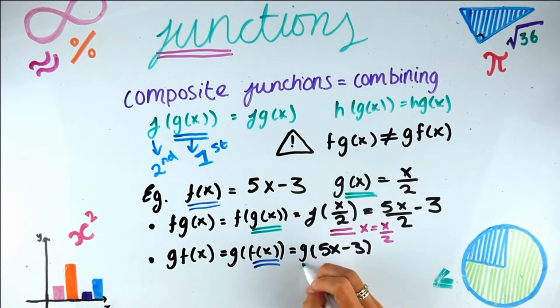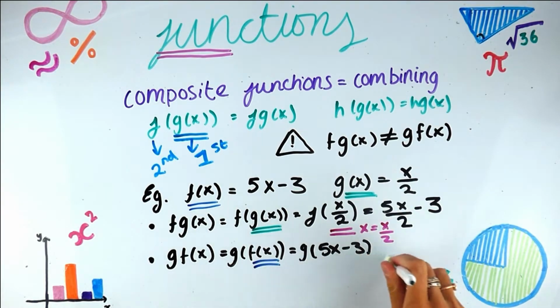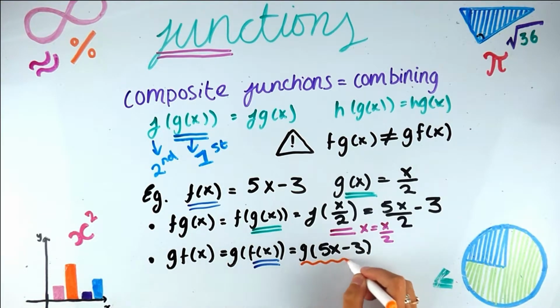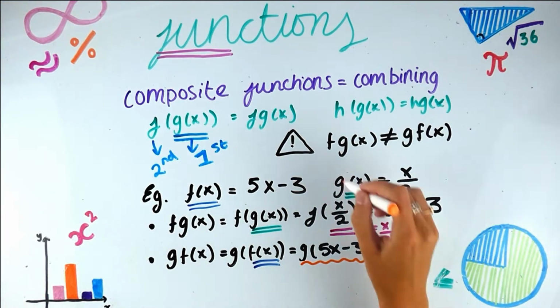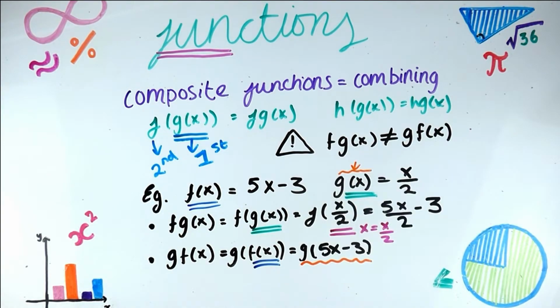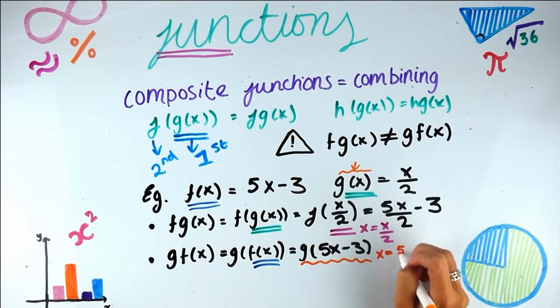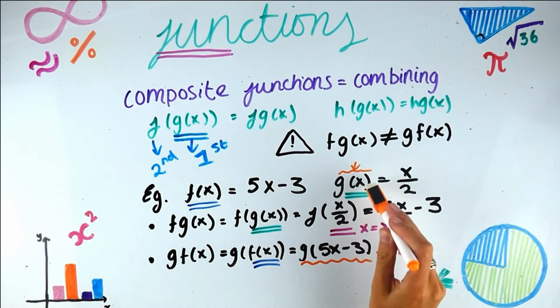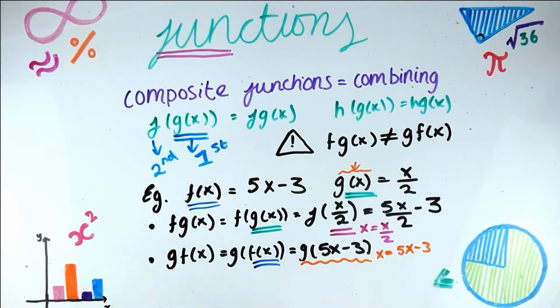And now, if we're comparing this g of 5x minus 3 with our g(x), oh, I should really use a different colour. If we are comparing this with this here, we've now put in, instead of x, we're going to have to substitute 5x minus 3. So anytime we see an x, we have to replace it with 5x minus 3.